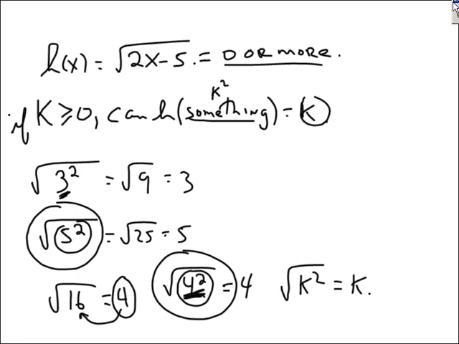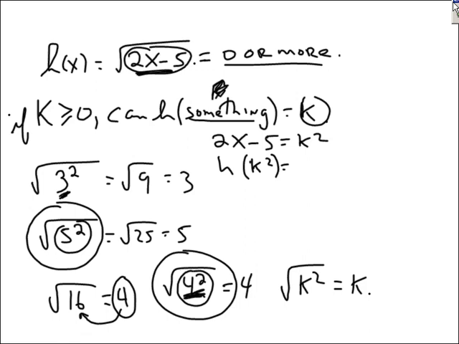If 2x minus 5 was k squared, then the square root of this, 2x minus 5, will equal k.